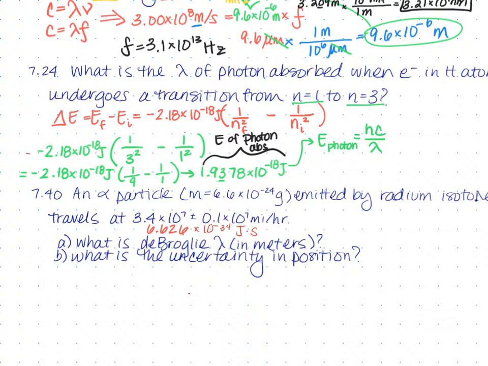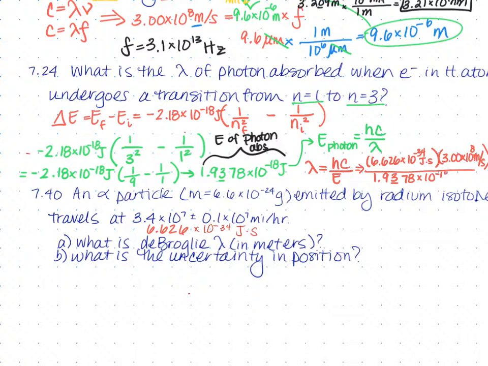I can get lambda by itself, so lambda is equal to hc over E. If I plug everything in, I would get 6.626 times 10 to the negative 34 joules seconds times 3.00 times 10 to the 8 meters per second over the energy that we just solved for, which is 1.9378 times 10 to the negative 18.